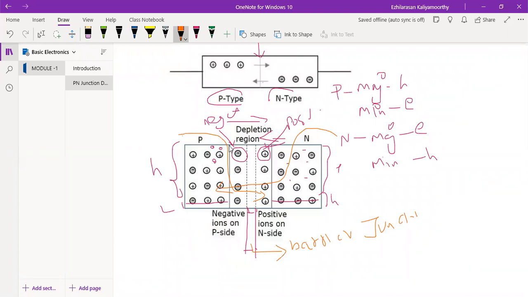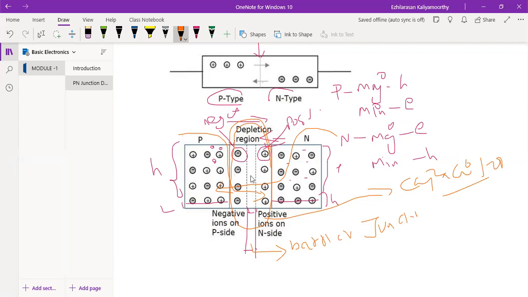In practice, I can say the depletion region is nothing but a capacitor, because a capacitor has charges, the negative charge and positive charge ions, both accumulated in the layer. That layer only we can call the depletion layer.